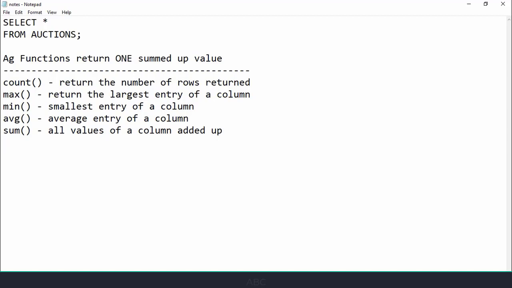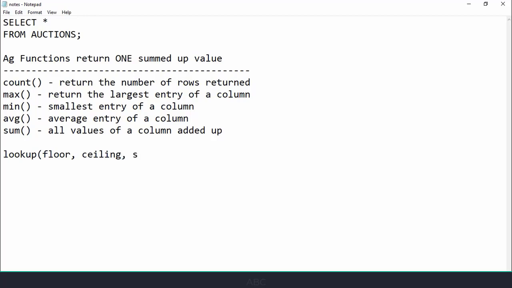I want you to do this on your own. Look up floor, look up ceiling. Is that spelled right? I think so.